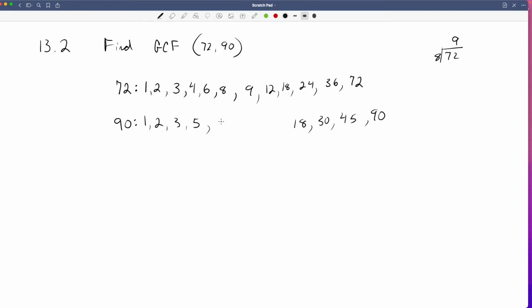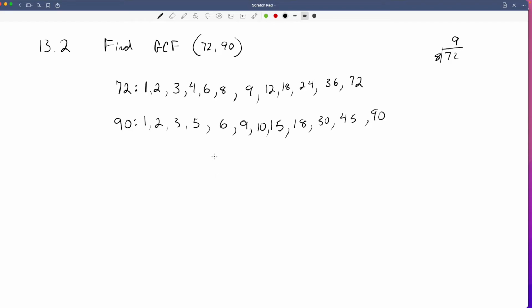Can we do 6 times 15? I think so. 6 times 15. That's right. Can we do 7 times anything? No. 8 times anything? No. We can do 9 times 10, and that's as far as we can go.